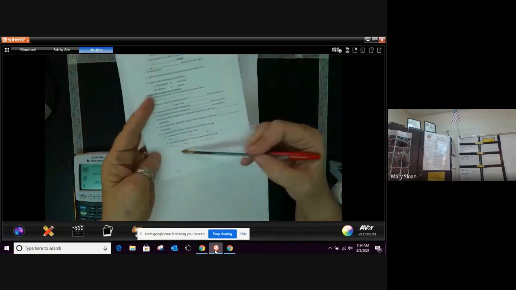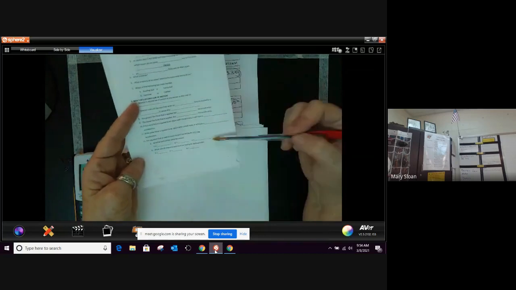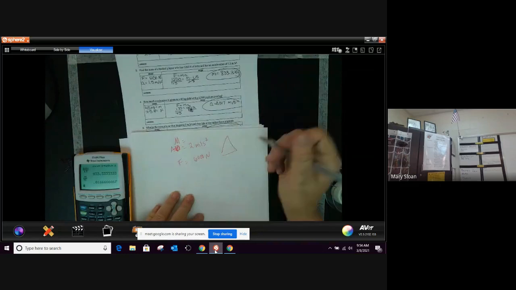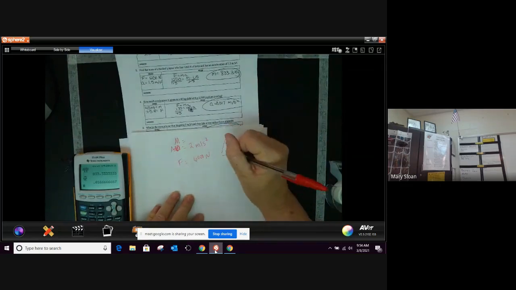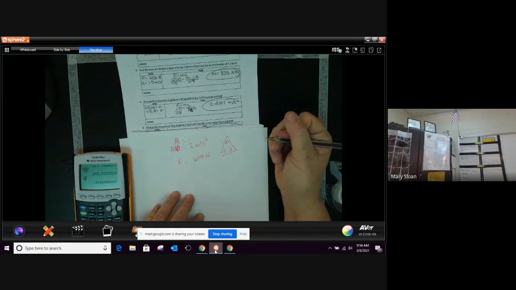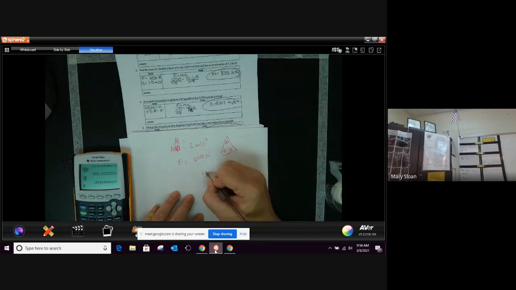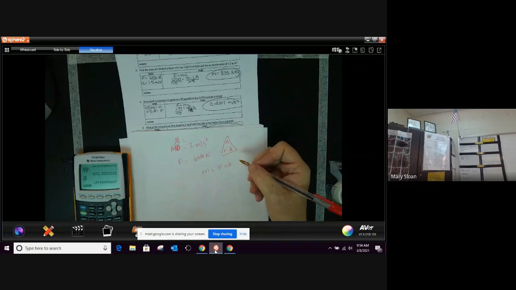And remember, that's the reason why we did this sheet down here and you wrote down those units of work, because that's going to help you. So if I'm looking for mass, draw a triangle again. Mass, force and acceleration. Is that correct? Okay. So mass equals force times acceleration. So I'm going to take 6,000 and multiply it by 2.